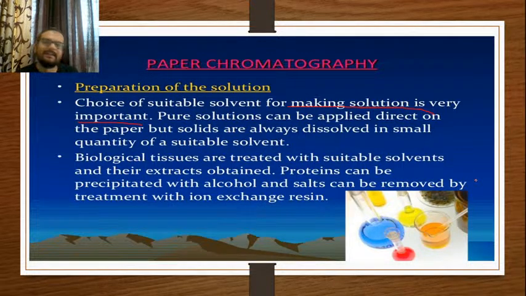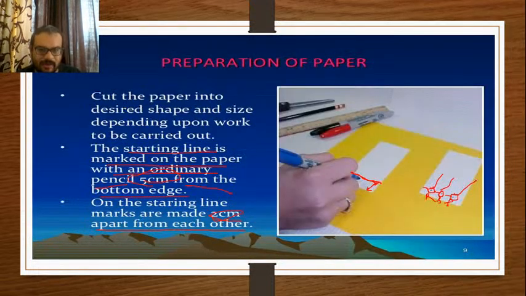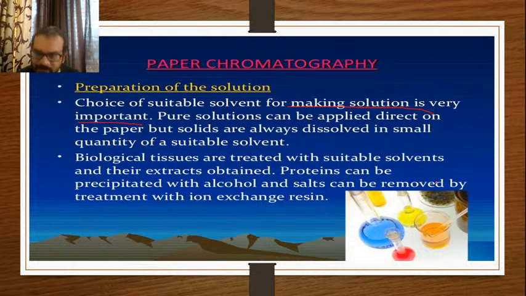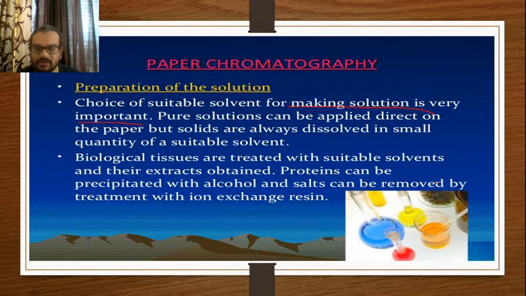The choice needs to be limited, because if your compound is not soluble in that particular solvent, it will not produce a homogeneous solution, and that's why the separation efficiency will decrease. Hence, we need to choose a solvent which can make the solution homogeneous.